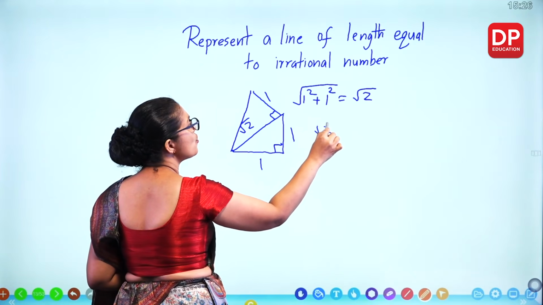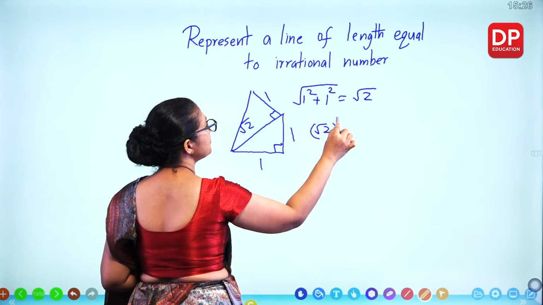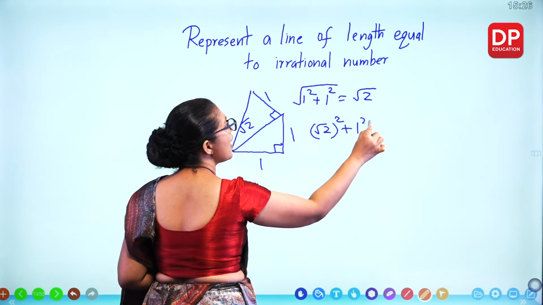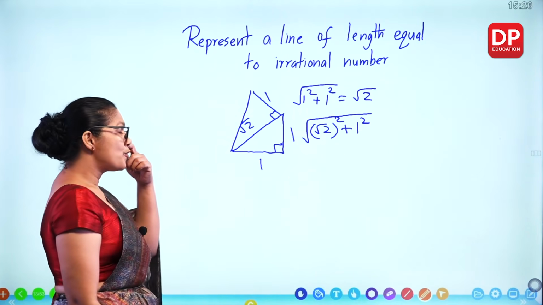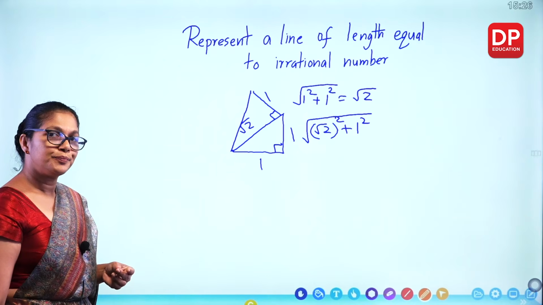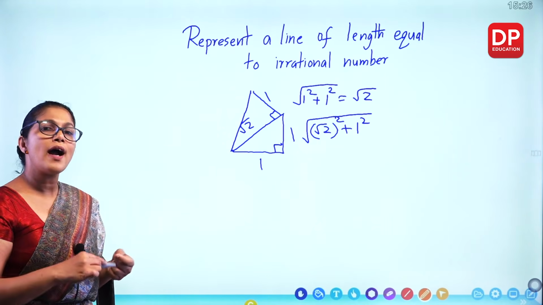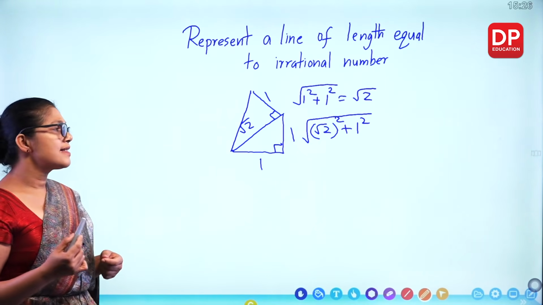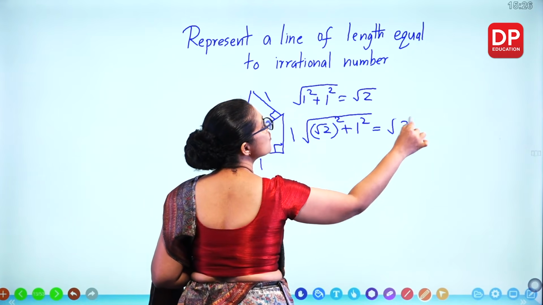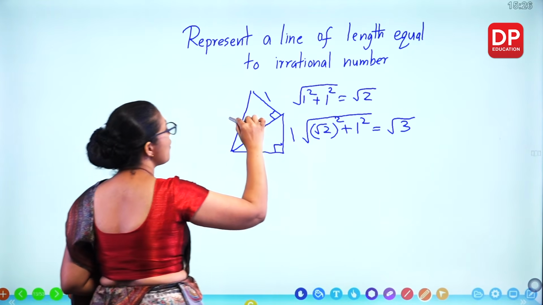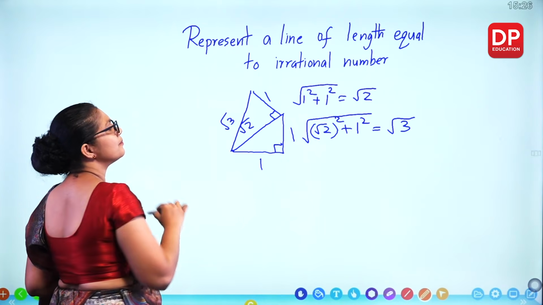So root 2 squared plus 1 squared. What do you get? Root 2 times root 2, you get 2, because the square and square root cancel out. So 2 plus 1, you get 3. So you get root 3 for this length.